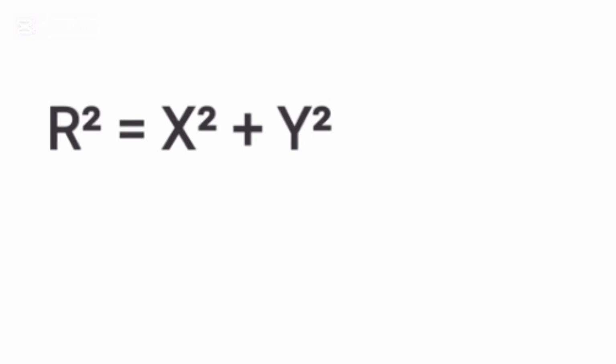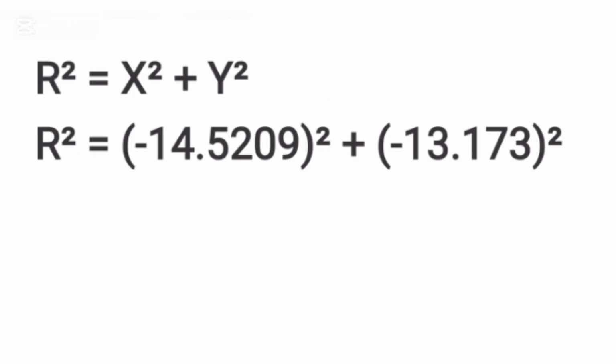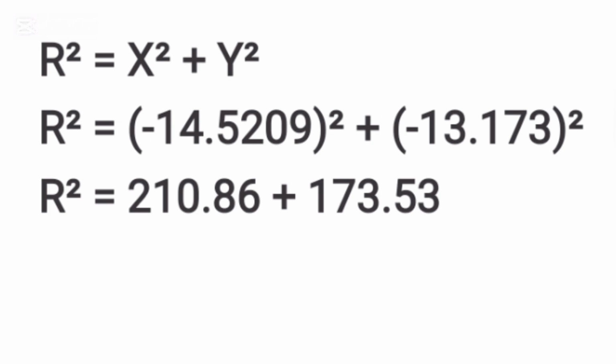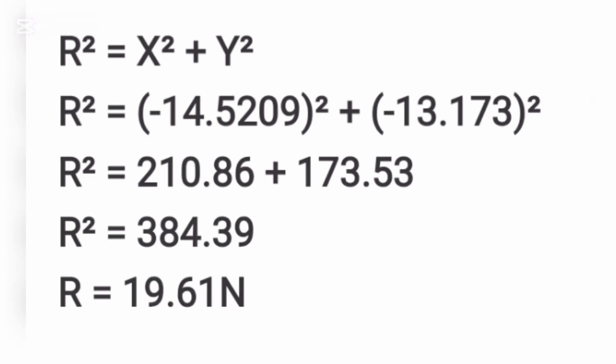To find the resultant, we use our formula r squared is equal to x squared plus y squared. When we substitute in our values, by the time we square both of them, they become positive, and that will be 210.86 plus 173.53. When we add them together and find the square root, we'll have 19.61 Newton.